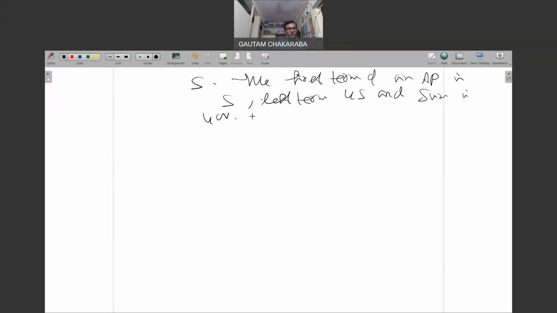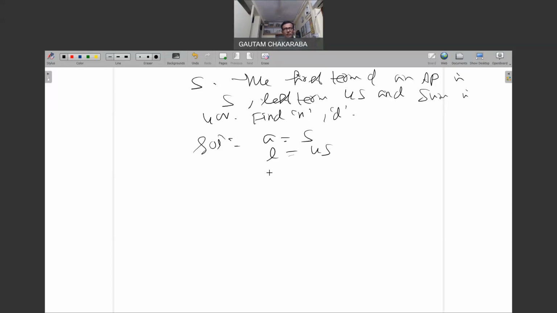Find the number of terms and the common difference d. First term given, last term given.